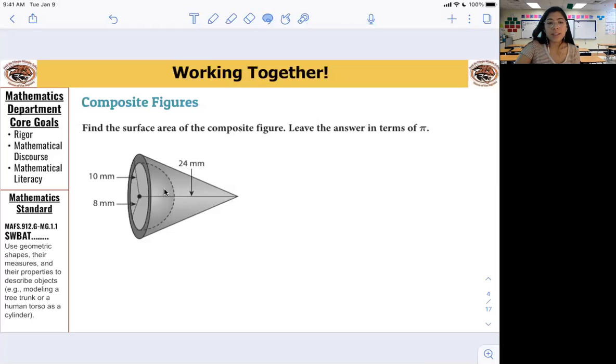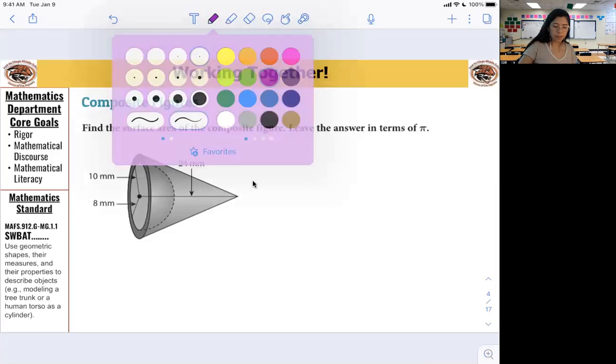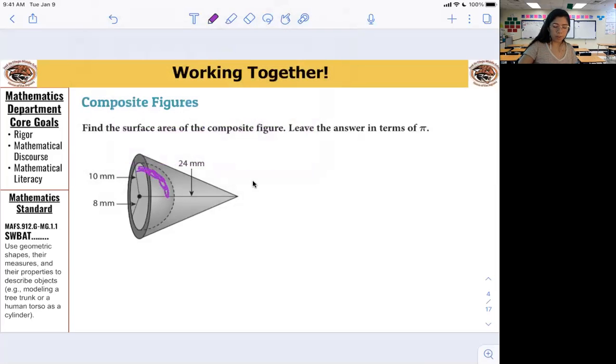But the thing is, guys, even though this part is concave, it's going in, it still counts as the outside, because everything on the inside would be like inside. This is still technically on the outside. You would wrap the paper around not just the cone, but this whole thing on the inside. That would all be covered, and then you would bring it out and cover the outside as well. So all of that would get covered in wrapping paper.